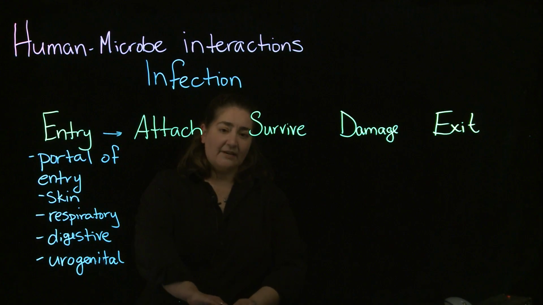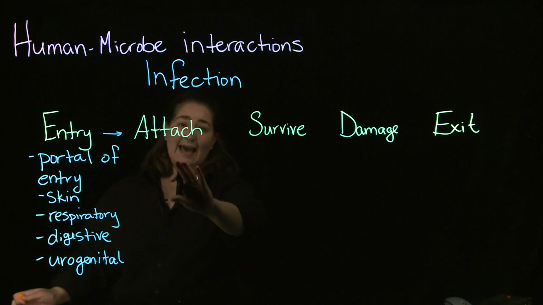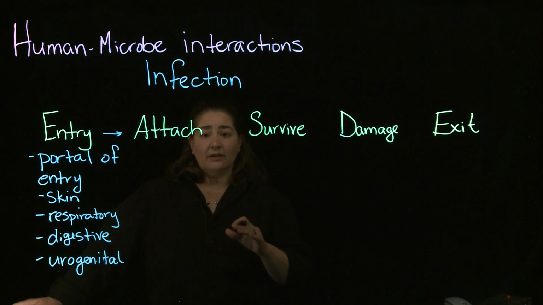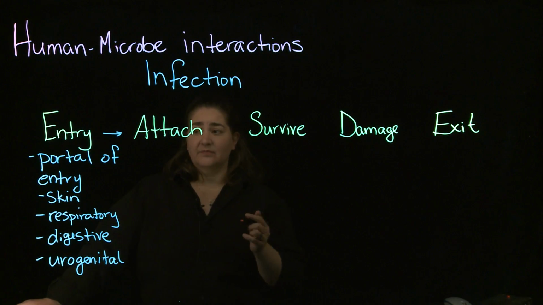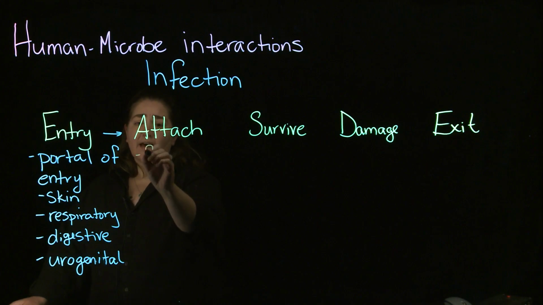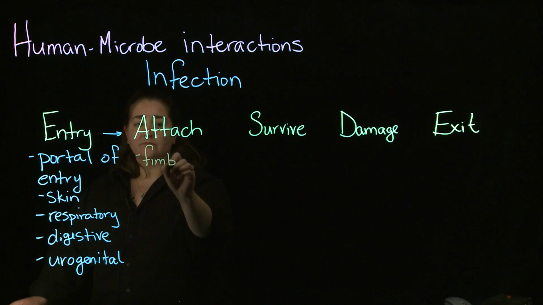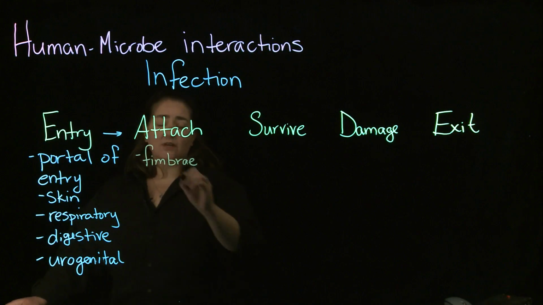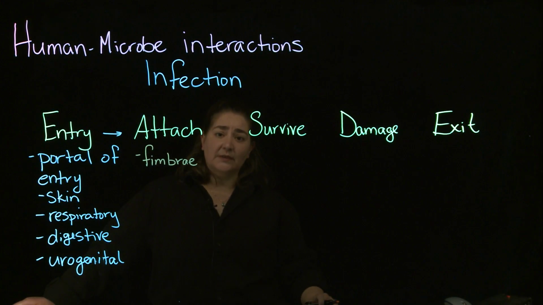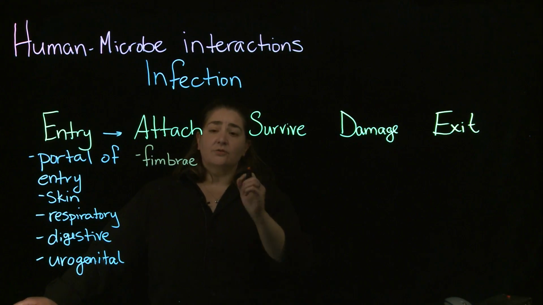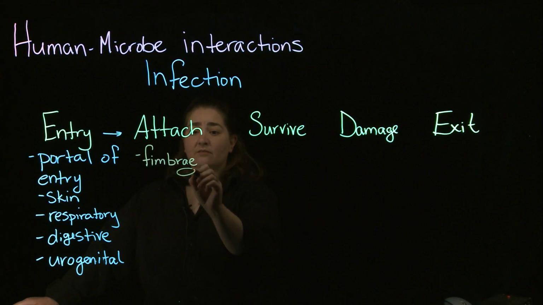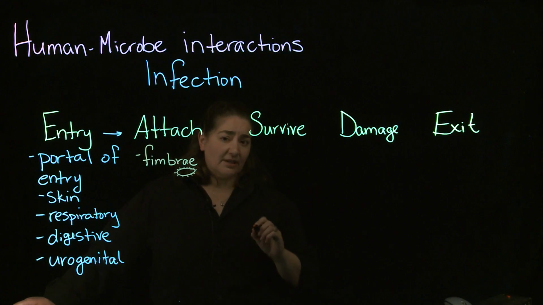those microbes have to have the ability to attach to the eukaryotic cells of our body, okay? And in terms of that, those fimbriae that we talked about way back towards the beginning of the semester, those are just essentially very small projections off of the bacteria.